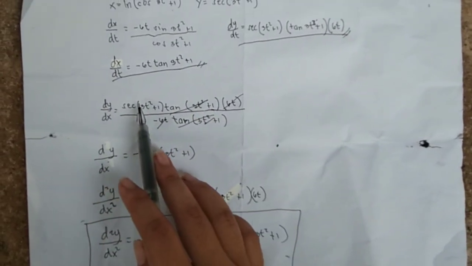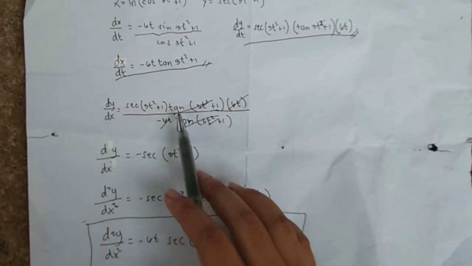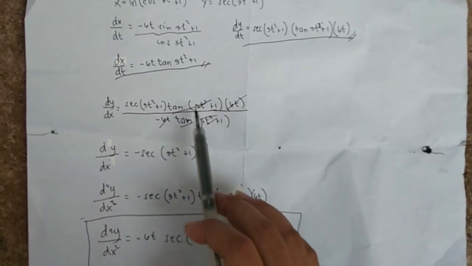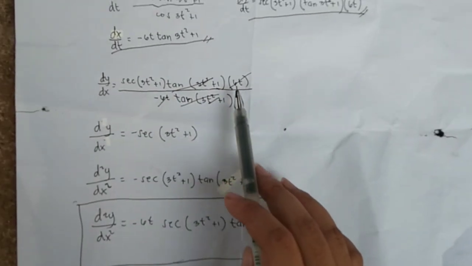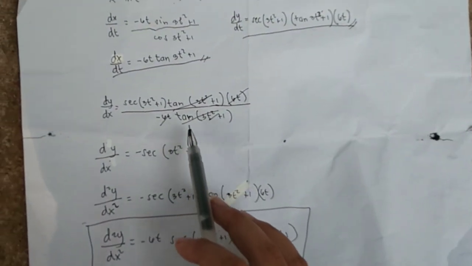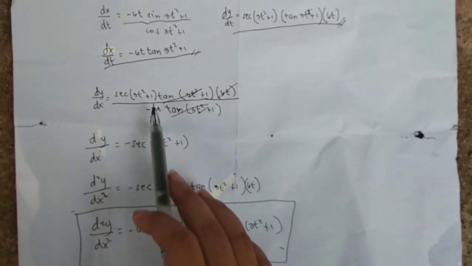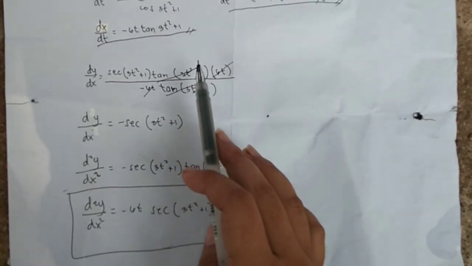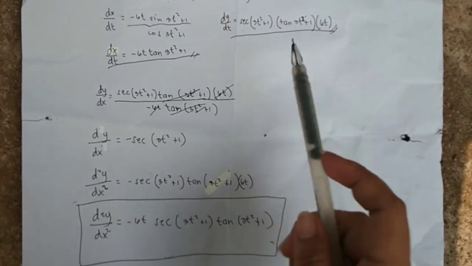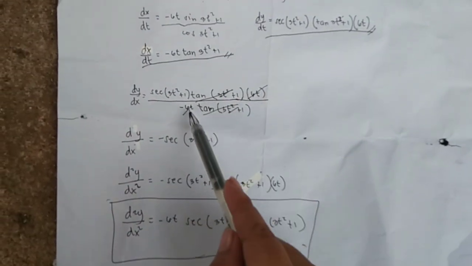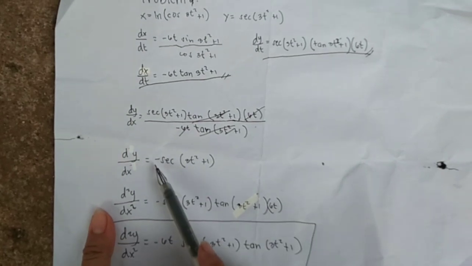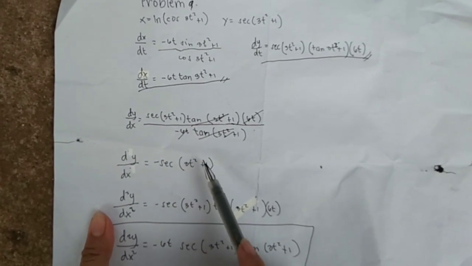So sec of 3t squared plus 1, then tan of 3t squared plus 1, and the derivative of 3t squared is 6t, over negative 6t tan times 3t squared plus 1. So cancel. What remains is negative sec of 3t squared plus 1.